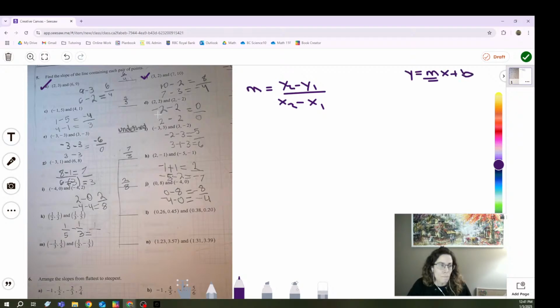If you've got 8 being divided by -4, and with any slope I'd always say reduce if you can. What can that reduce to? Yes, and since it was 8 over, yeah. Even the first one, if you can reduce that, what would that reduce to?